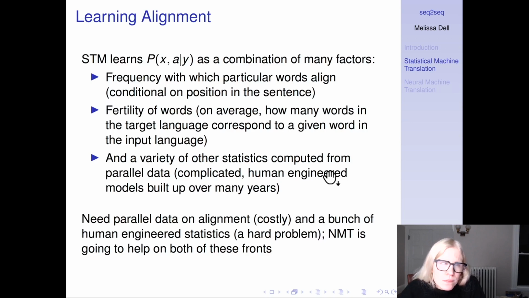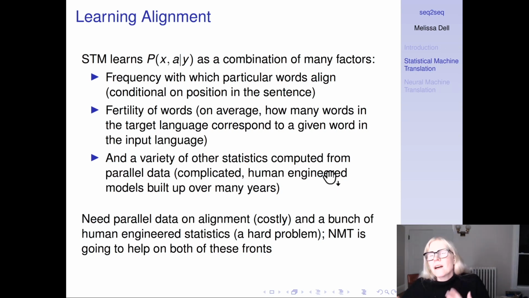And so statistical machine translation learns P of X and A given Y as a combination of many factors. So the frequency with which particular words align, conditional on position in the sentence, the fertility of words, which is on average how many words in the target language correspond to a given word in the input language, and a variety of other statistics computed from parallel data.